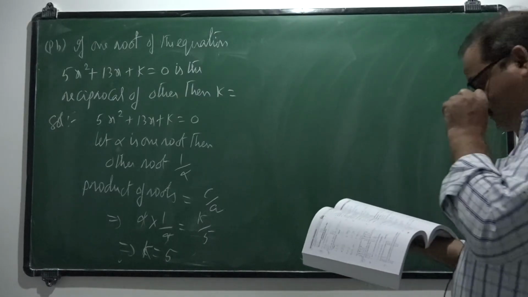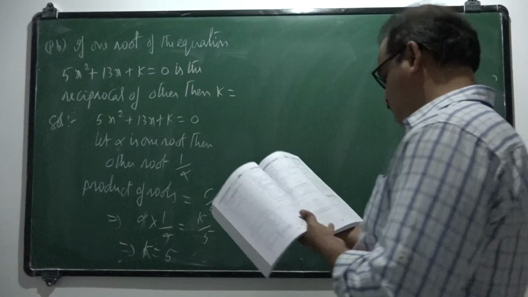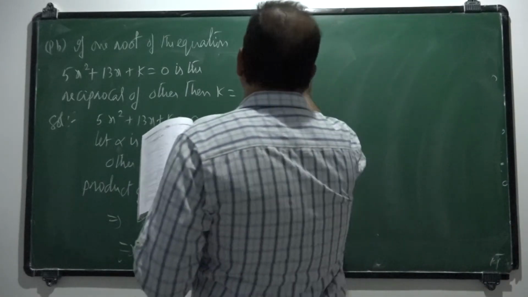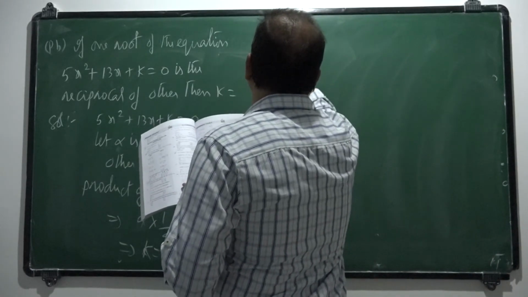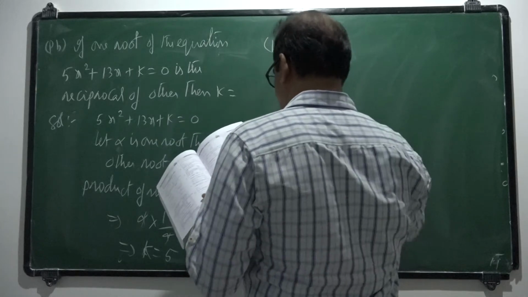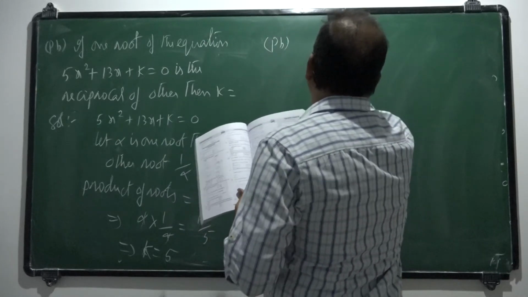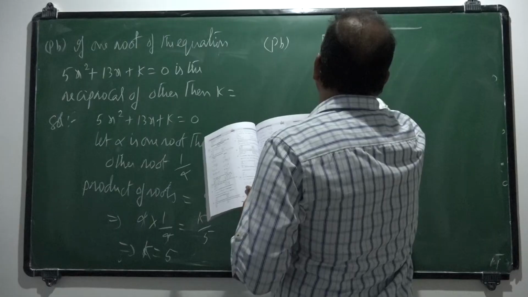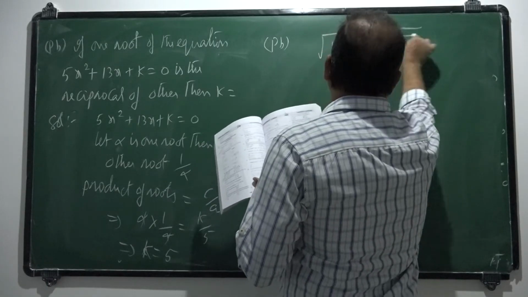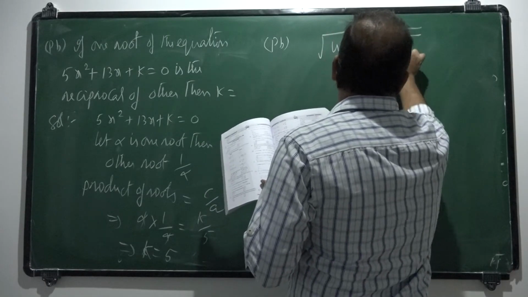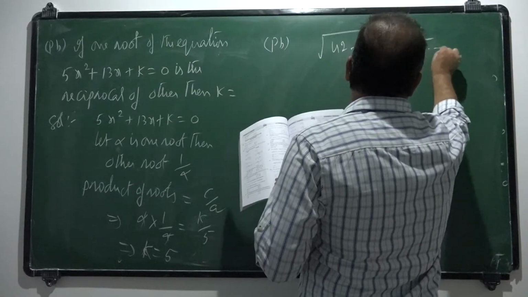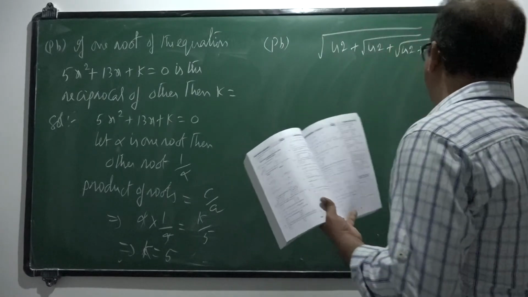Next, square root of 42 plus root of 42 plus root of 42 up to so on infinity.